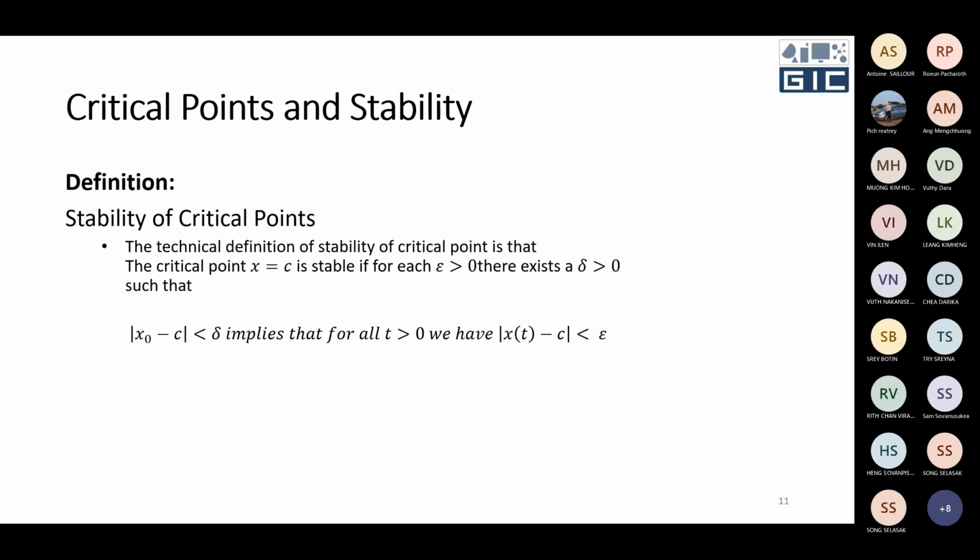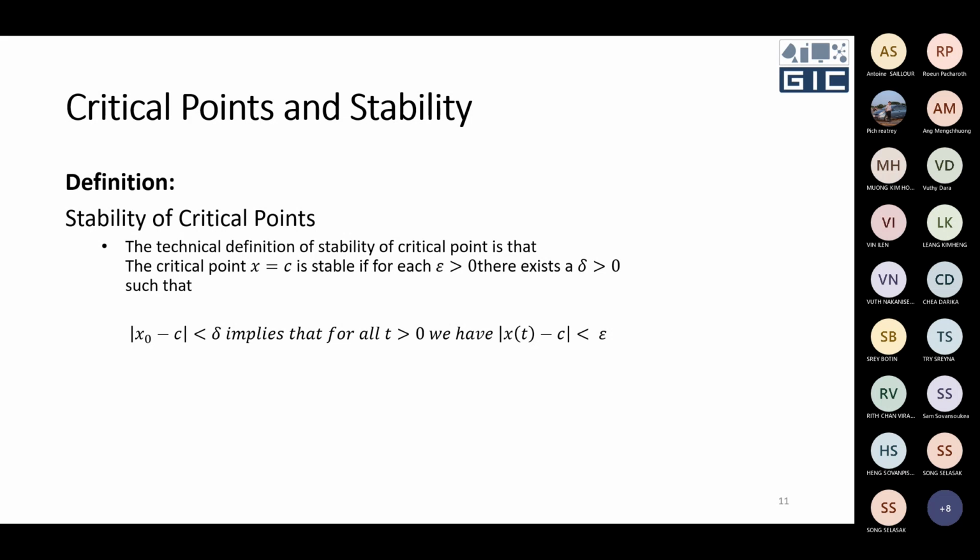So in our critical point, we try to identify which critical point produces stability, whether unstable, semi-stable or stable. We have three conditions in this case, but before we go to the way that we can construct the slope field, let's see the definition first.